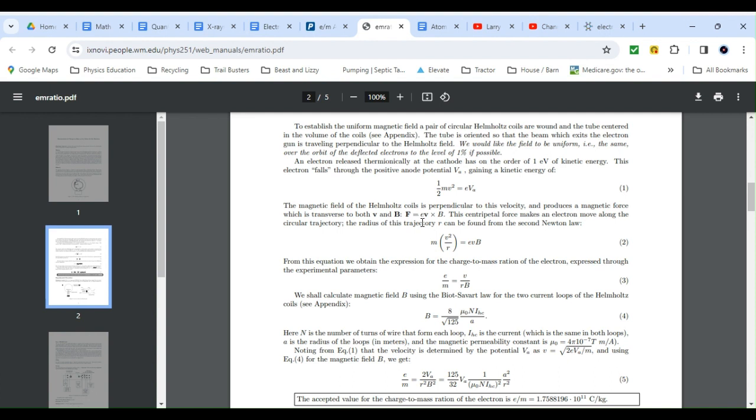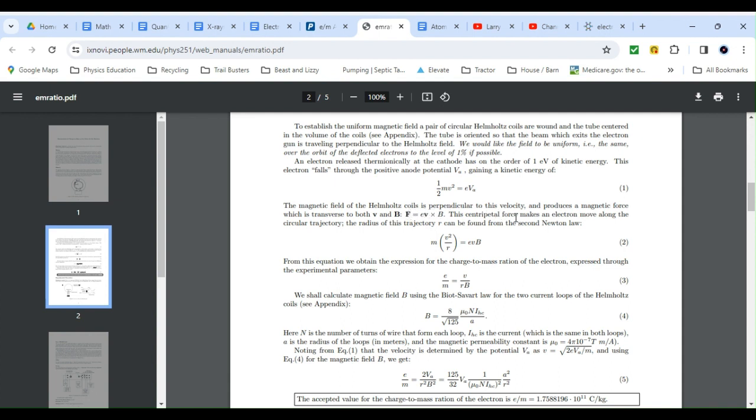Okay, if the electron's not moving, then we don't have the force on it. So the electron charge times the velocity times the magnetic field creates a force, and that force is towards the center of that circle. Even though the velocity is going at right angles to that, tangent to the circle, this force is bringing it in.